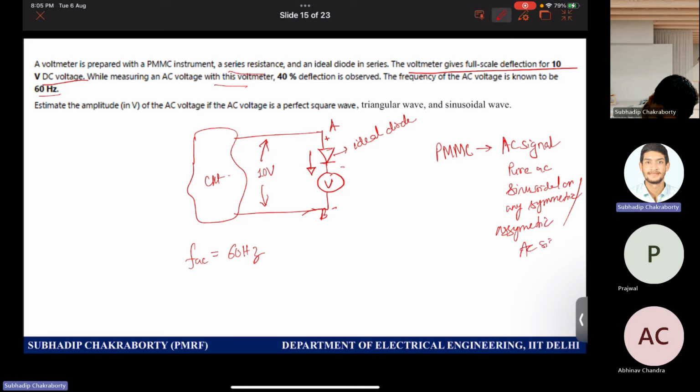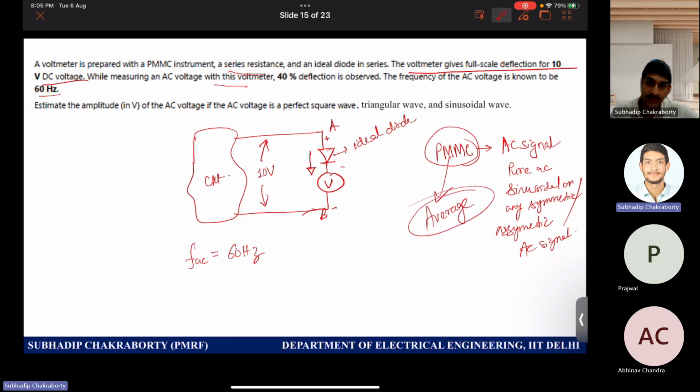What do you actually measure with PMMC? See, the measurement it can do, but what will it give you? It will give you the average value, right? Because it is linearly related to the current. The torque you get is linearly related, as well as the angle of deflection. So it gives you the average value, the mean position.